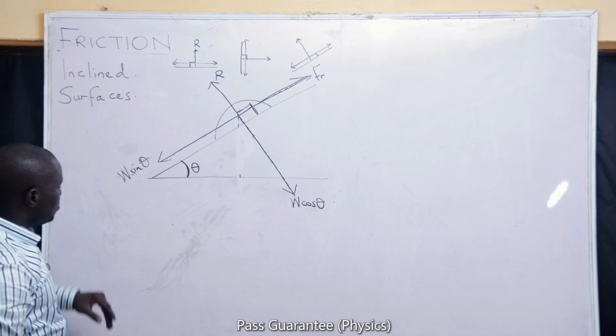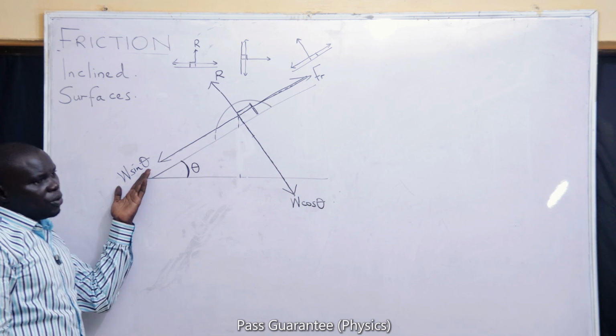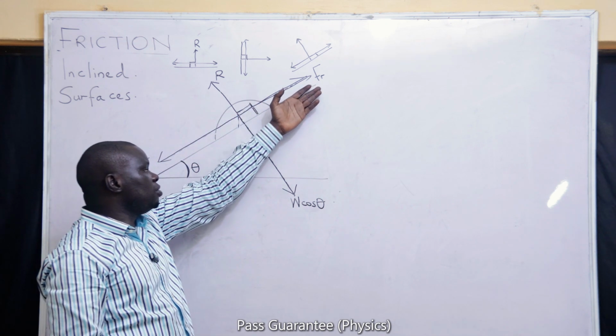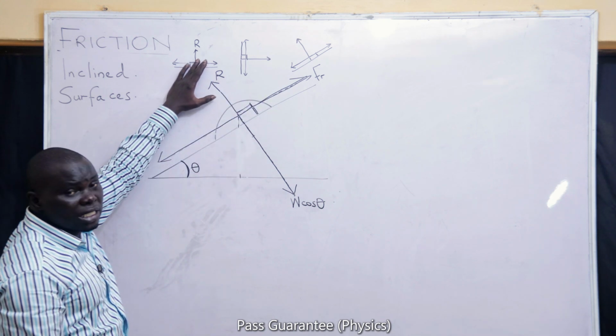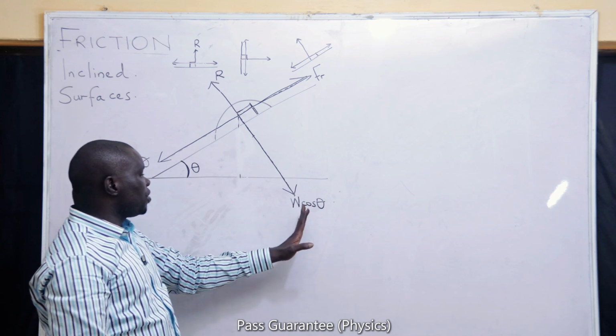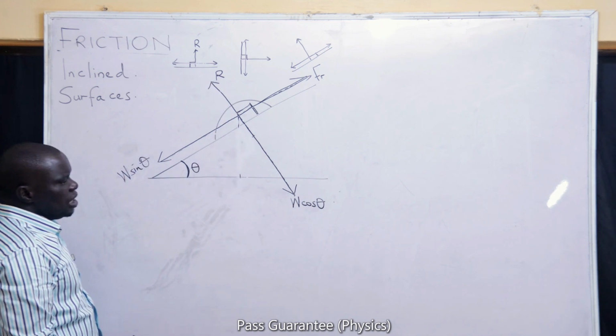The force that is trying to create the motion on this object is W sin theta. What is the force that is preventing the motion? It is friction in the opposite direction of W sin theta. There is R, which is acting perpendicularly to the surface, and there's a W cos theta that is also preventing R from having any motion effect on the object.